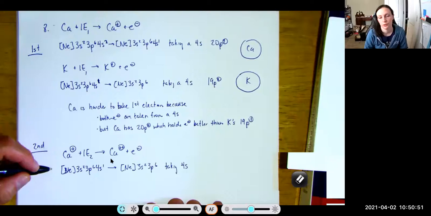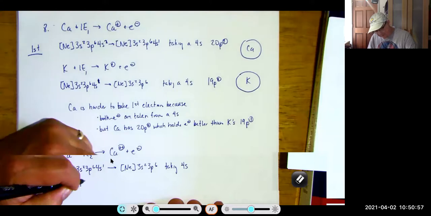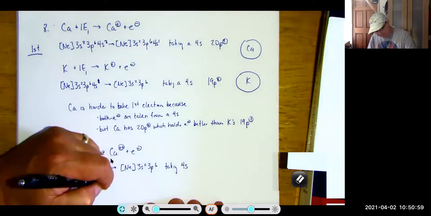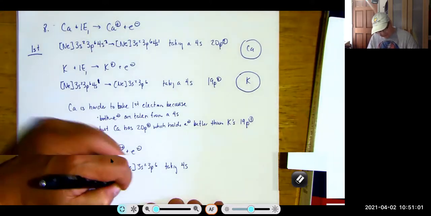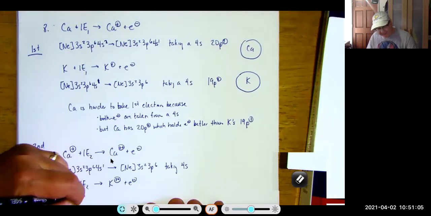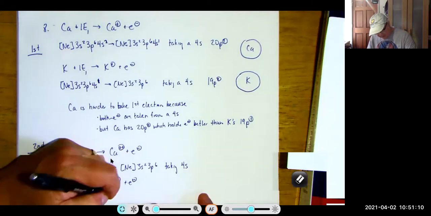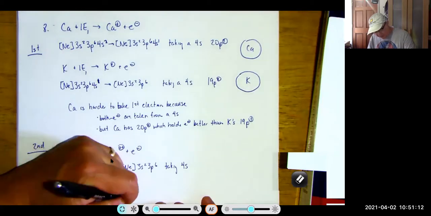For potassium and its second ionization energy, we have neon, 3s2, 3p6, becoming neon, 3s2, 3p5.